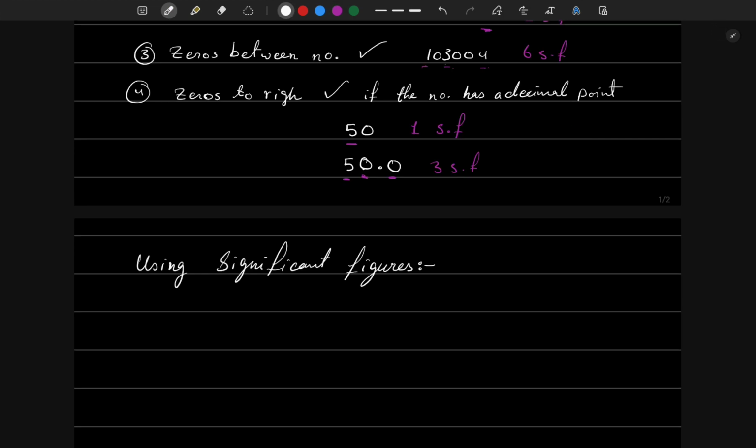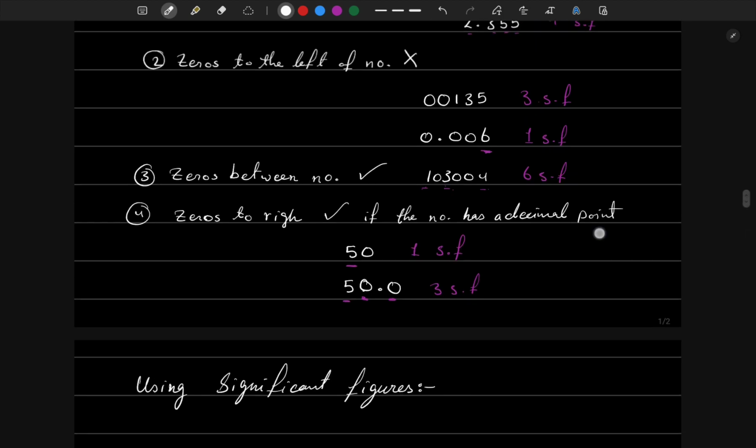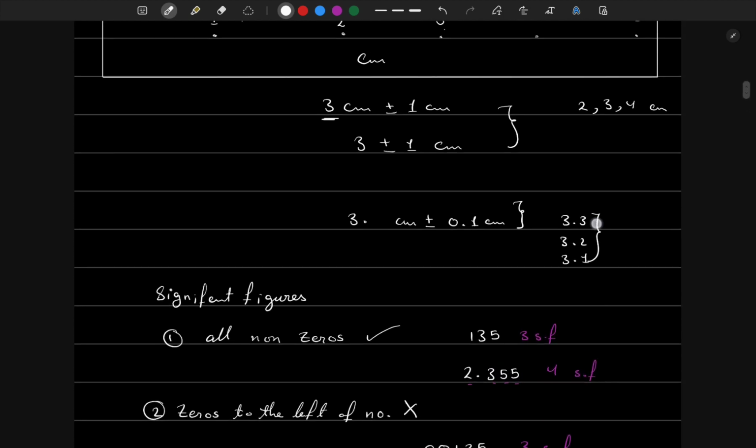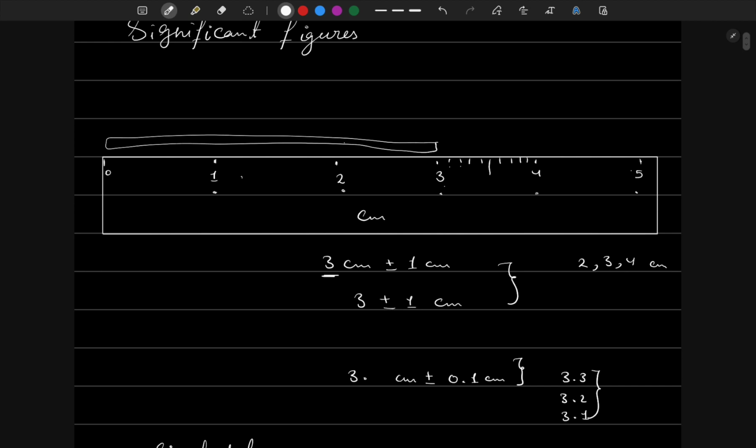Okay. Using significant figures. We have already covered the first part of using significant figures, which is my measurement.